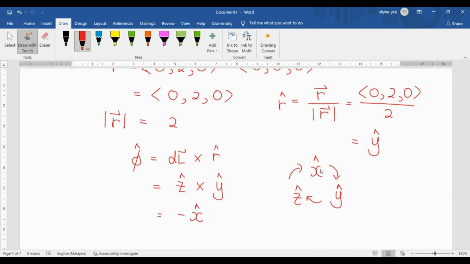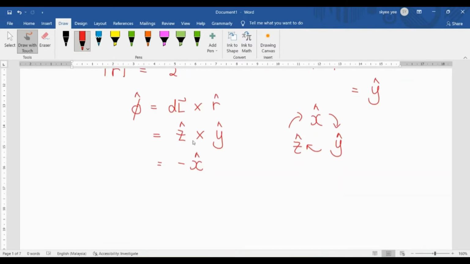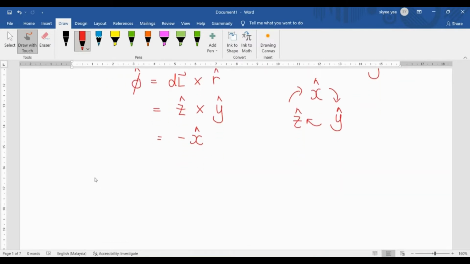You move and you will get x, but because you move in a different direction, it is negative x. Now you have got everything ready, you can put them into your equation.